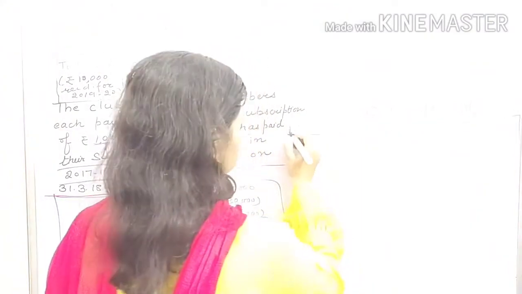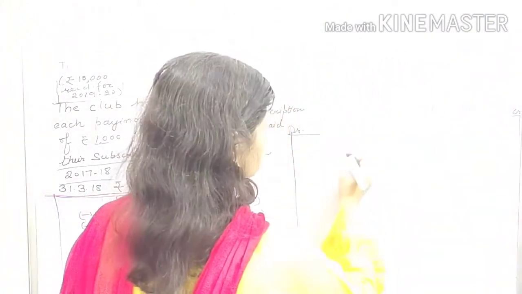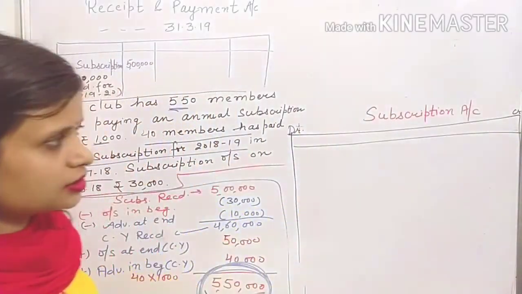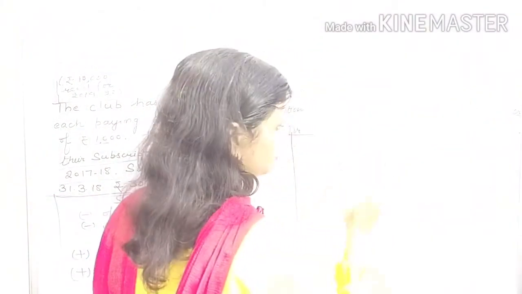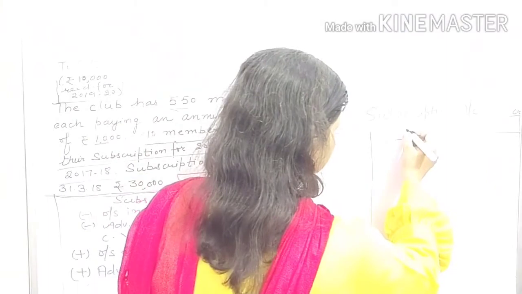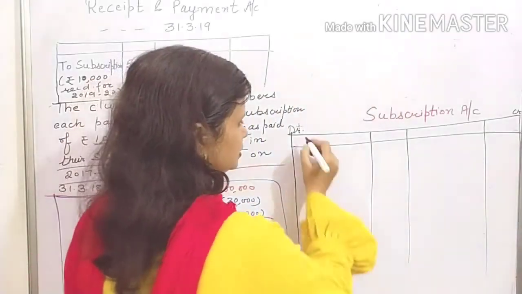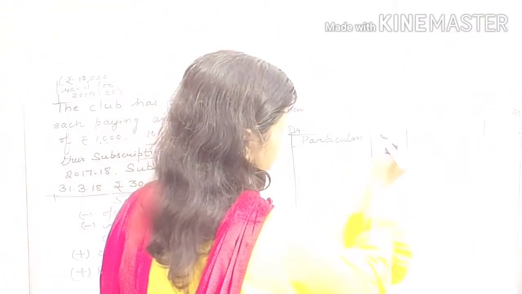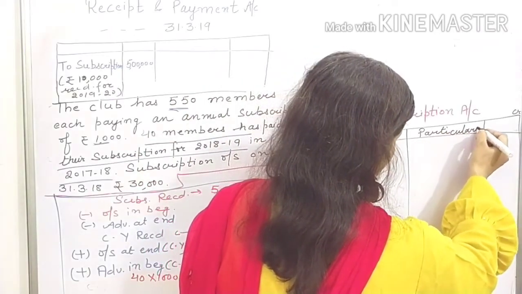We all know the format of the account. You have to prepare the columns: date, particulars, journal folio, amount. Main columns I will show here. I am showing here particulars, amount, particulars, amount.